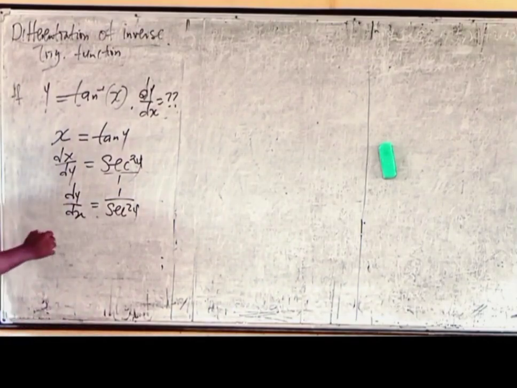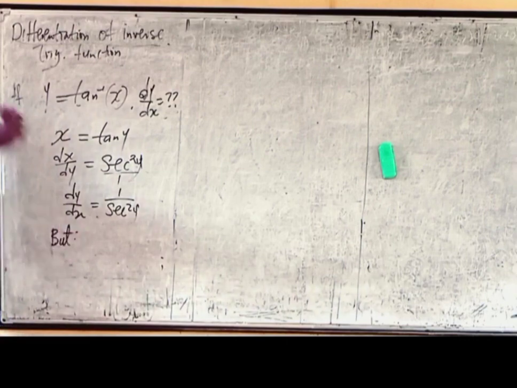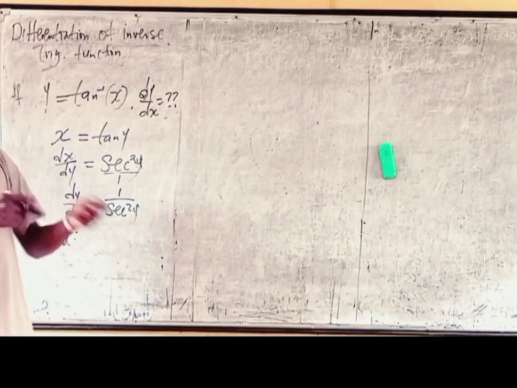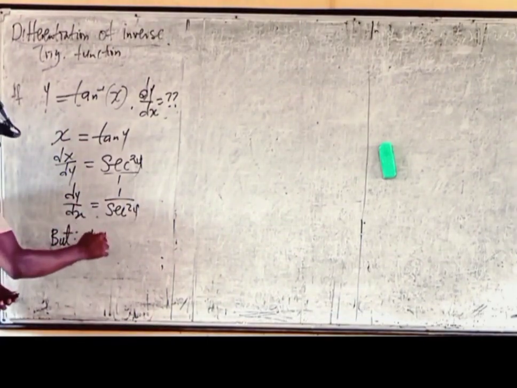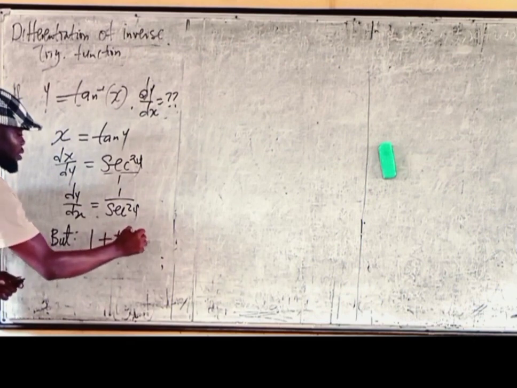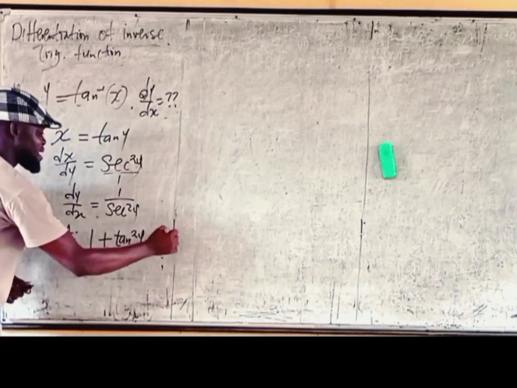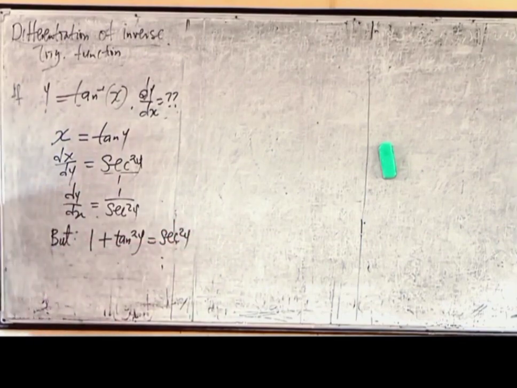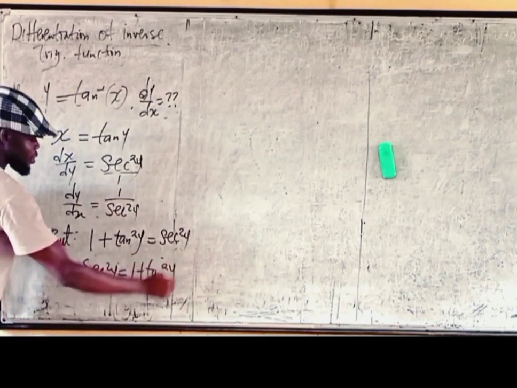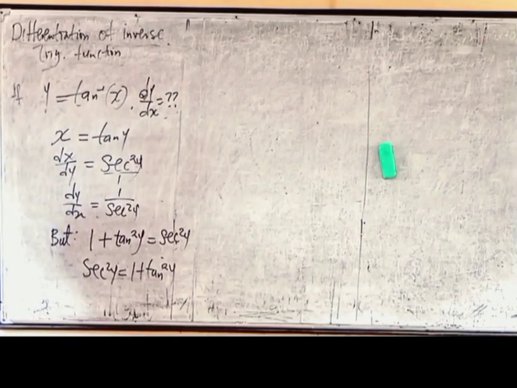From the trig identity, it's very good to say 1 plus tan squared y is equal to sec squared y. Or we can say sec squared y is equal to 1 plus tan squared y.